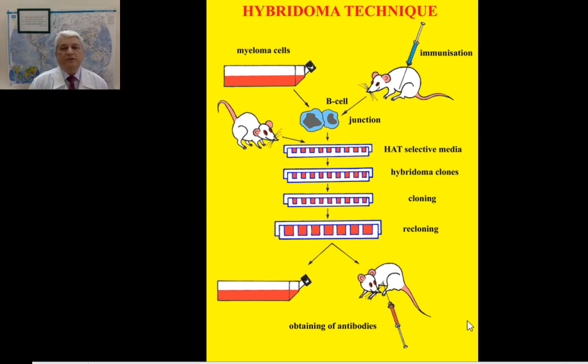The first possibility is to inject these tumor cells into the abdominal cavity of a mouse, or to use special bottles with media for producing a large amount of such cells. And these cells are producing a large amount of antibodies.